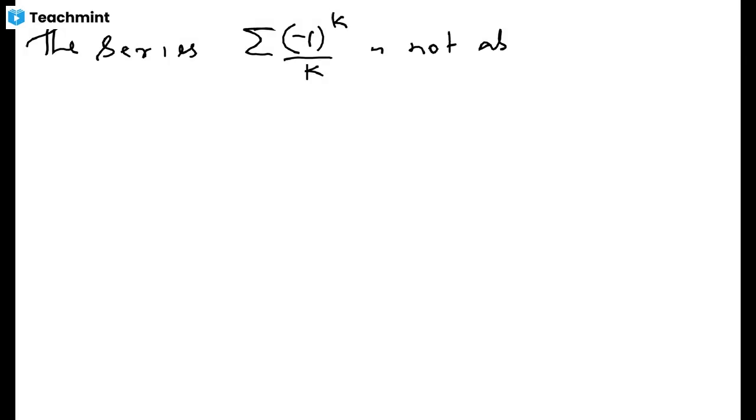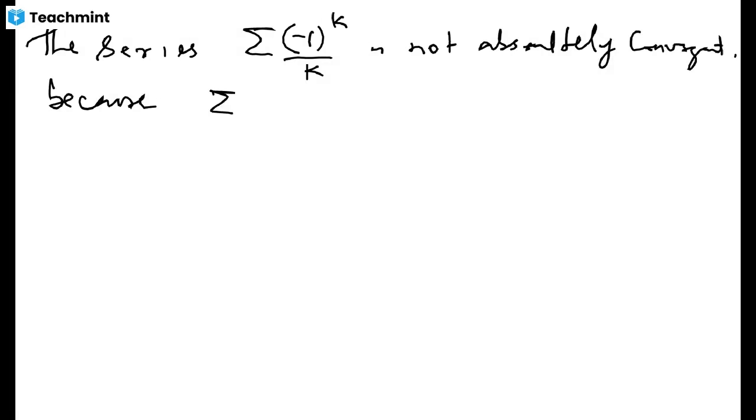Why? Because for absolute convergence, we need taking mod of each term of this series and then form the series. If that series is convergent, then we say that the series is absolutely convergent.